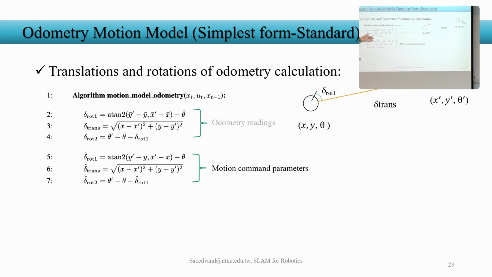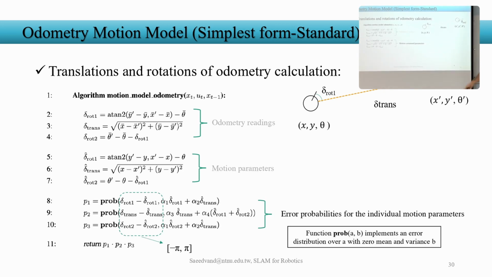The same things can be calculated based on my control command, because I'm telling it, okay, rotate 45 degrees, move 5 meters, and again rotate 30 degrees. Then based on that, I can calculate the same scenario for motion command. And after this, of course, I think it's very clear how we can bring it to probabilistic form.